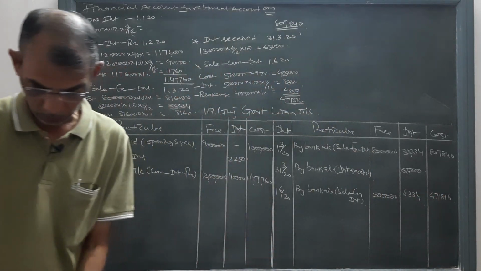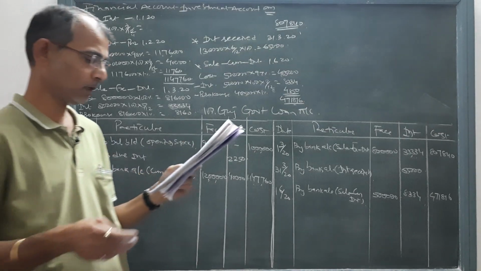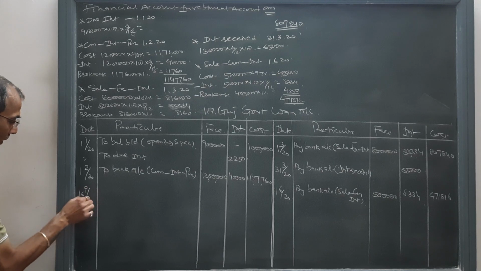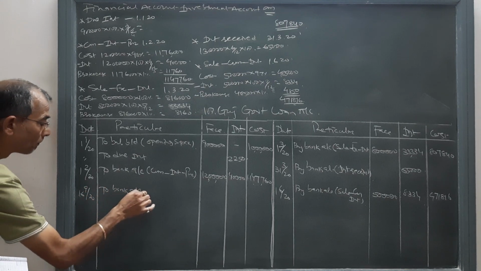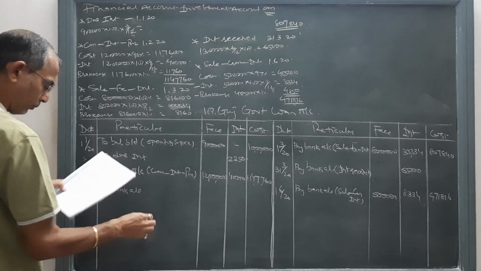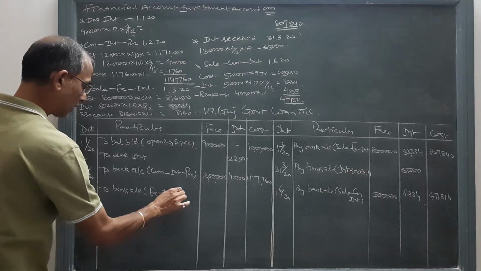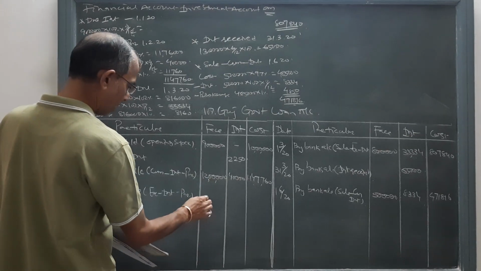Then after, securities of 6 lakh are being purchased on 16th September. Bank account: ex interest purchase of 6 lakh.